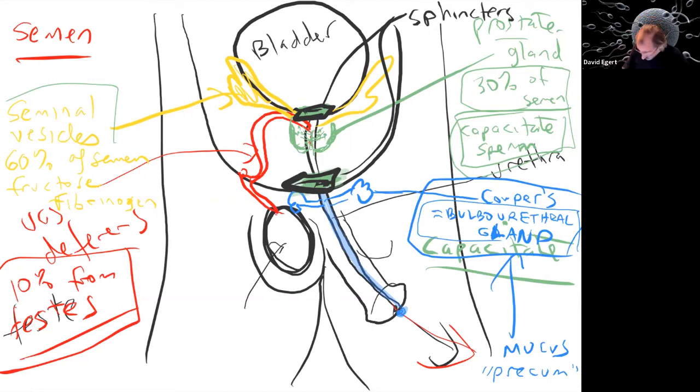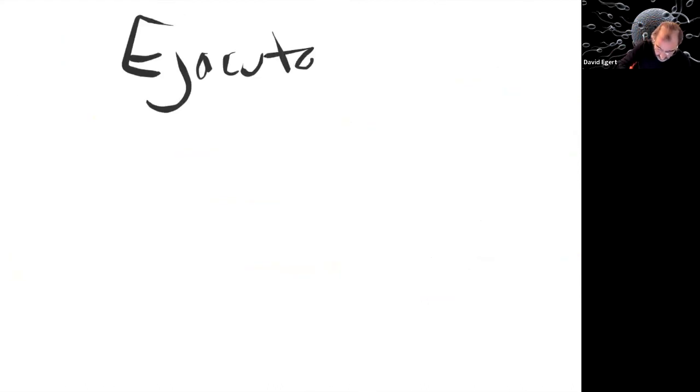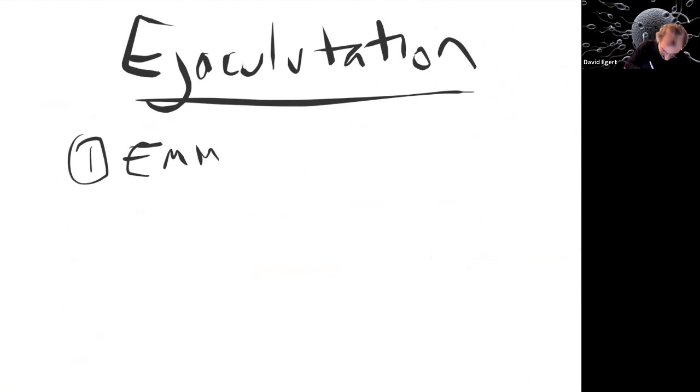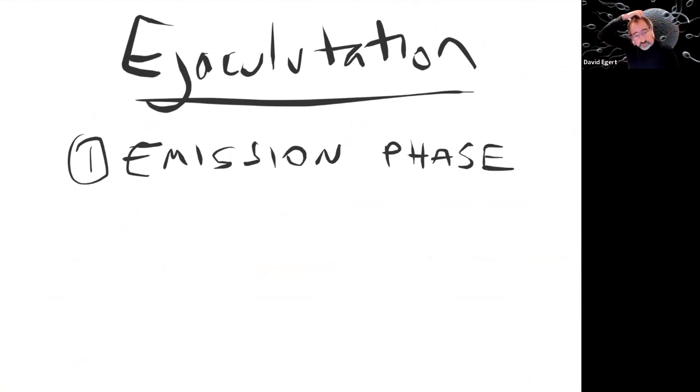So when we think about ejaculation, there's two steps. The first step's called the emission phase. Emission phase is when all of the ingredients are mixing up. Those two sphincters are shut down.